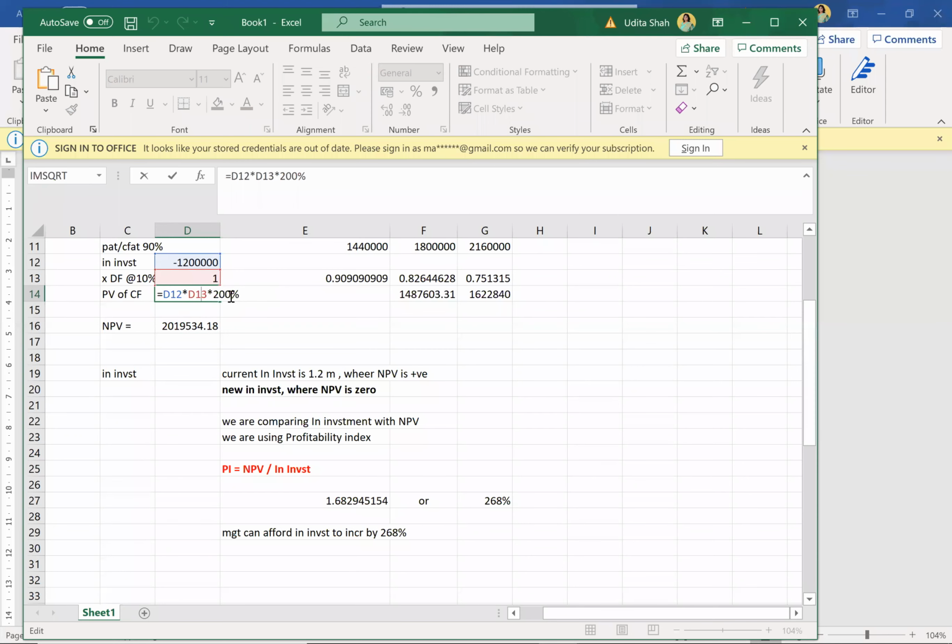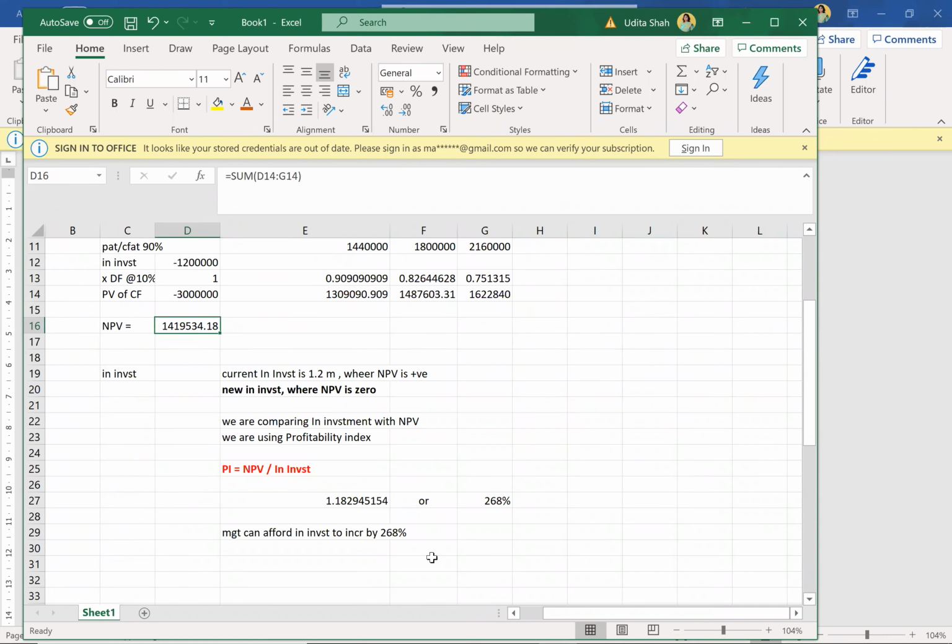Okay. Let us increase this by 250%. So even if initial investment increases to 3 million, my NPV is still coming out to be positive.